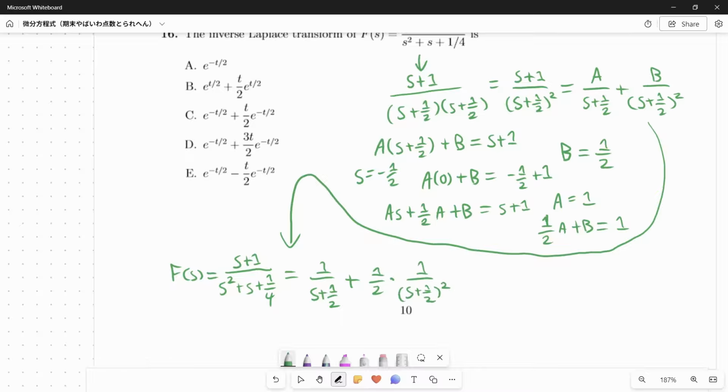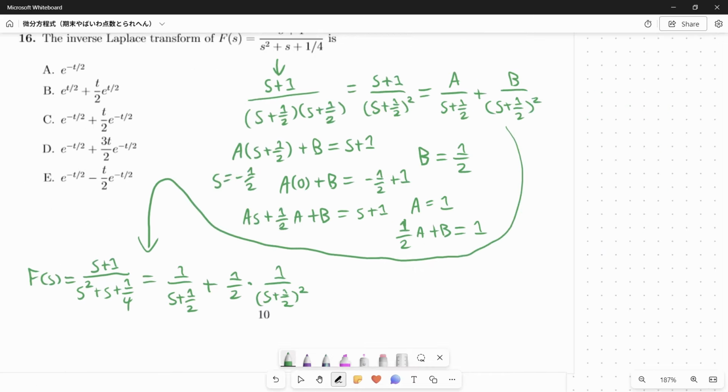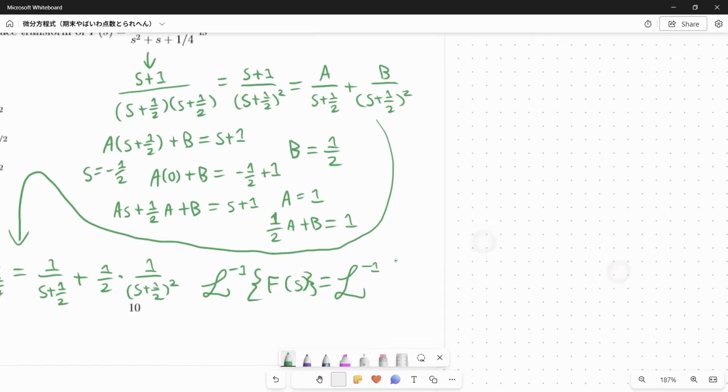And so now that we've done this, we can start computing the inverse Laplace transform. So we can say that the inverse Laplace transform of F of s is going to be equal to the inverse Laplace transform of this expression. So I'll just write that over here: 1 over (s plus 1/2) plus 1/2 times 1 over (s plus 1/2) squared.